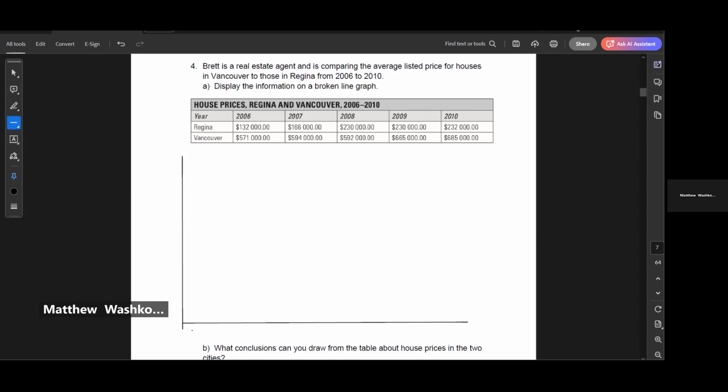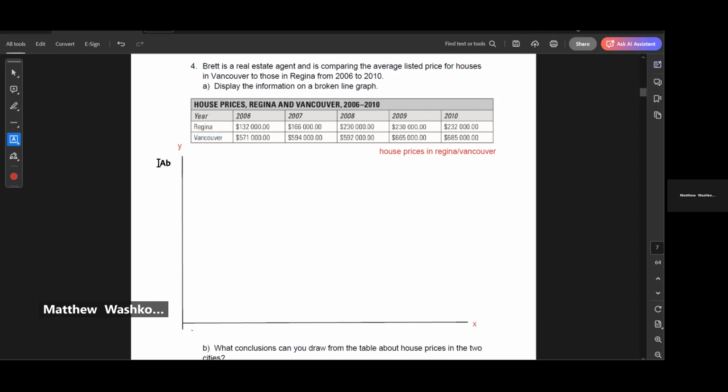I'm not going to go up and down, up and down each time. I'm just going to follow the steps. You can go back to your second page if you want. The first thing I need to do is label the title. It's house prices in Regina and Vancouver. That's the title. The horizontal axis, this is X. The vertical axis, this is Y.